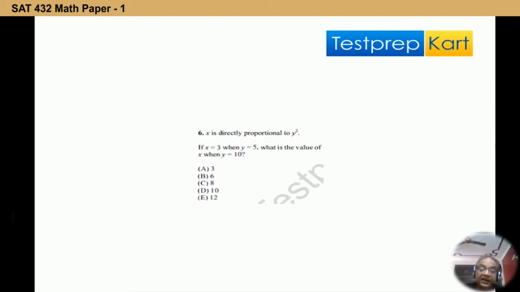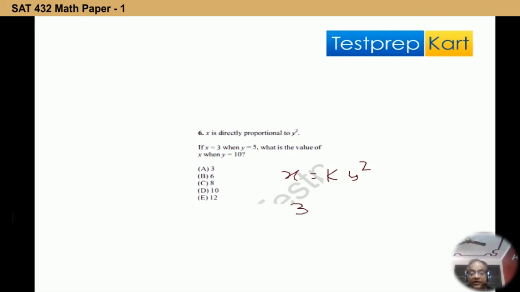X is directly proportional to y square. Now x is directly proportional to y square gives me an equation, which is x equal to k into y square. Now one value they have given: x equal to 3, then y equal to 5.